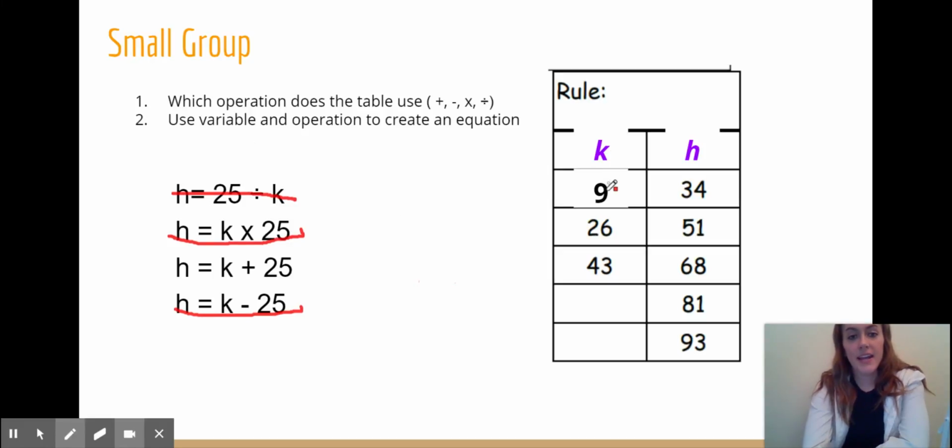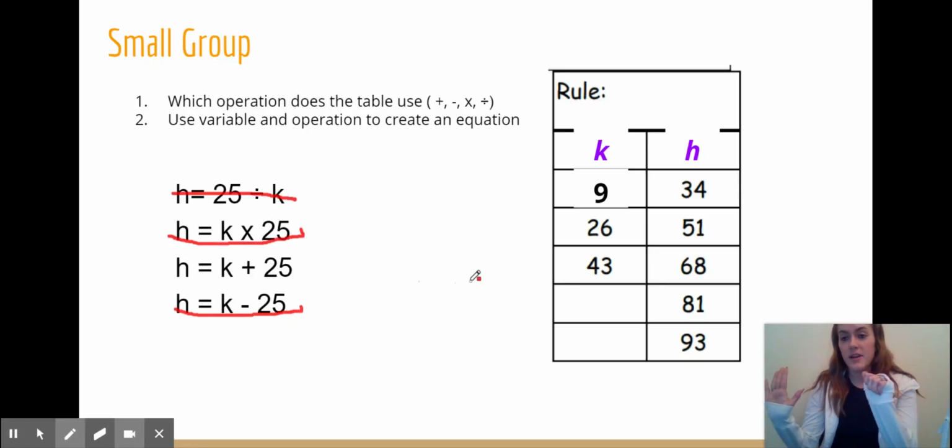So I'm taking K and I'm adding 25 to it. So 9 plus 25. So 25 added to 9. 25, 26, 27, 28, 29, 30, 31, 32, 33, 34. It works for that one.